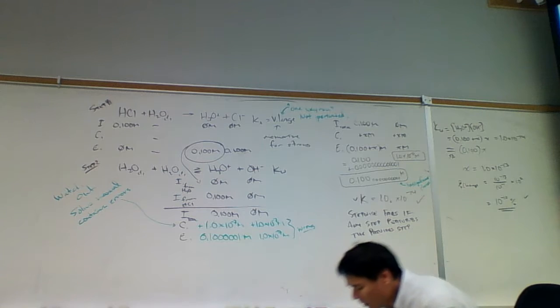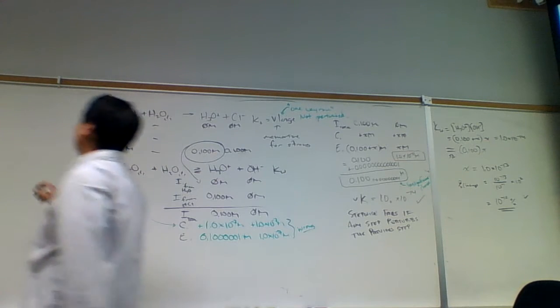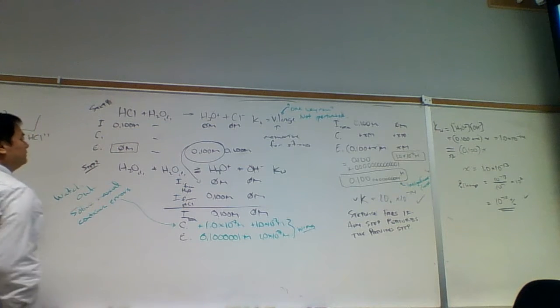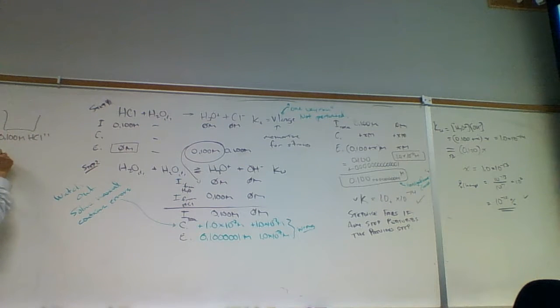And so just to summarize, if we're looking at the inventory, if I have, let's say, a beaker that's listed here, 0.100 molar HCl, that's what the beaker is. Am I going to find any HCl molecules? No. I don't expect to, all the molecules should have broken apart, right? Ionized or hydrolyzed.